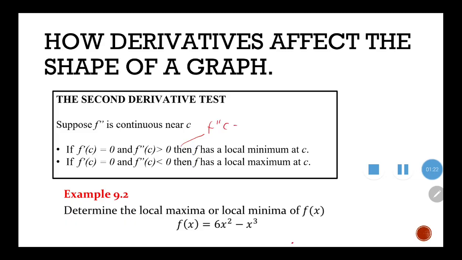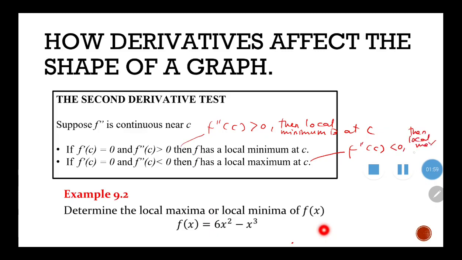If f double prime at C, which means you derive it 2 times, is larger than 0, then there is a local minimum at C, and if f double prime at the critical number is less than 0, then there is a local maximum at C. Okay, now let's look at example 9.2.